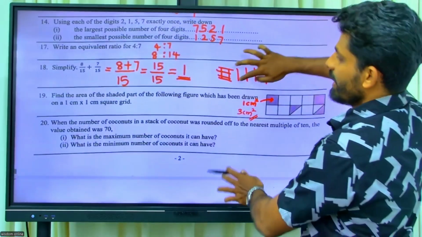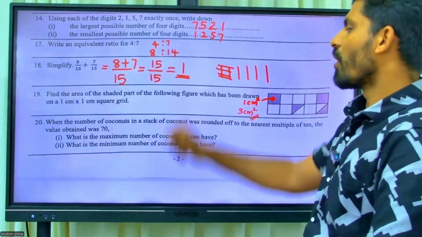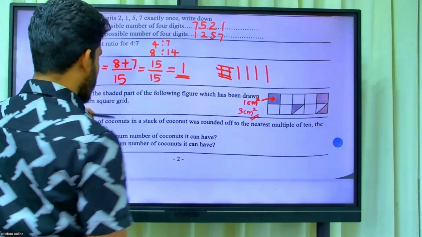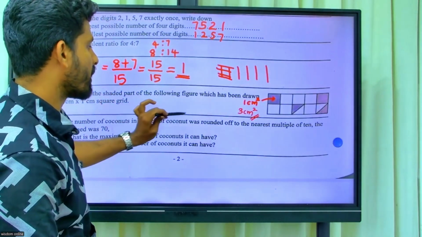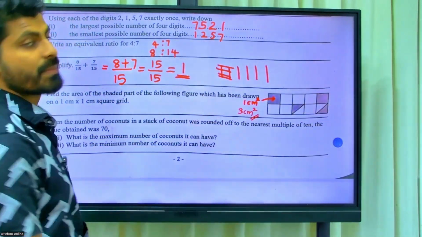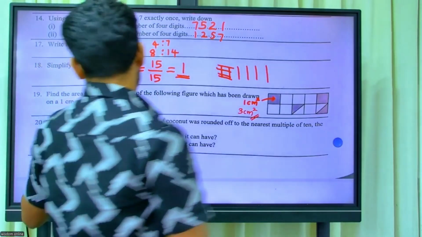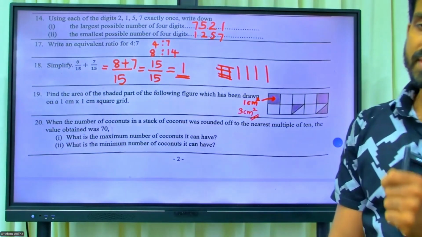When the number of coconuts in a stack of coconuts was rounded off to the nearest multiple of 10, the value obtained was 70.